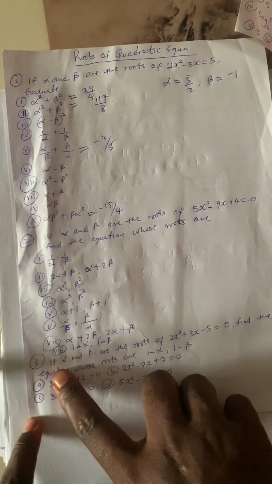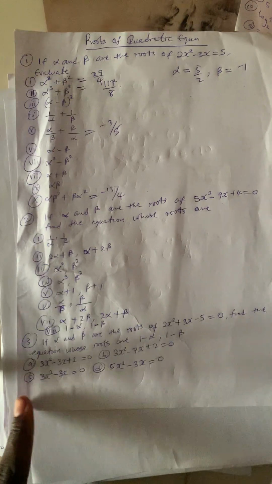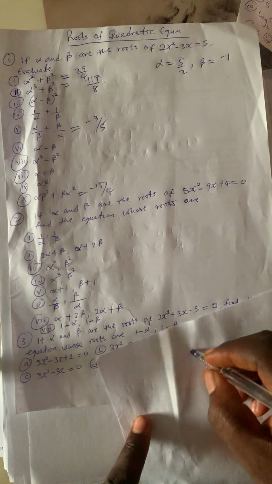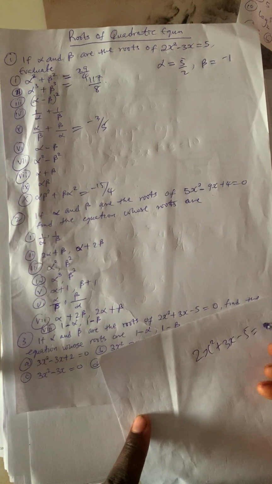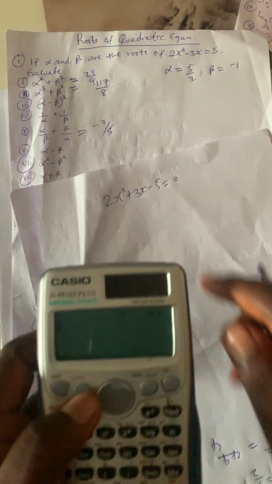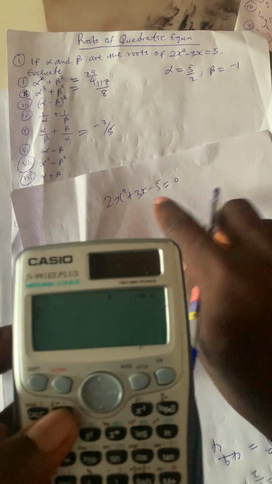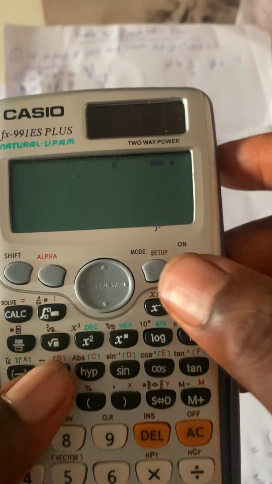Now this one says that if alpha and beta are the roots of the equation 2x squared plus 3x minus 5 equal to 0. It's even the same question here. To find it, you need to solve this first to get your alpha and beta. The first thing you press is mode.